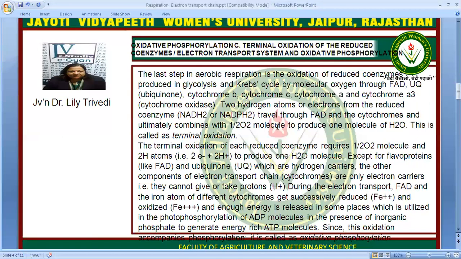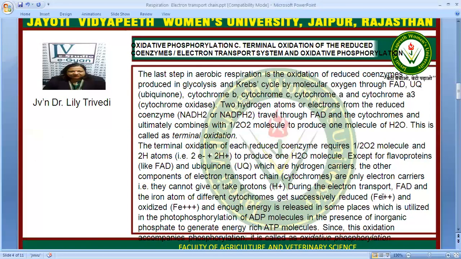2 hydrogen atoms or electrons from the reduced coenzyme NADH2 and NADPH2 travel through FAD and the cytochromes and ultimately combine with half oxygen molecule to produce 1 molecule of H2O. Now this is called terminal oxidation.